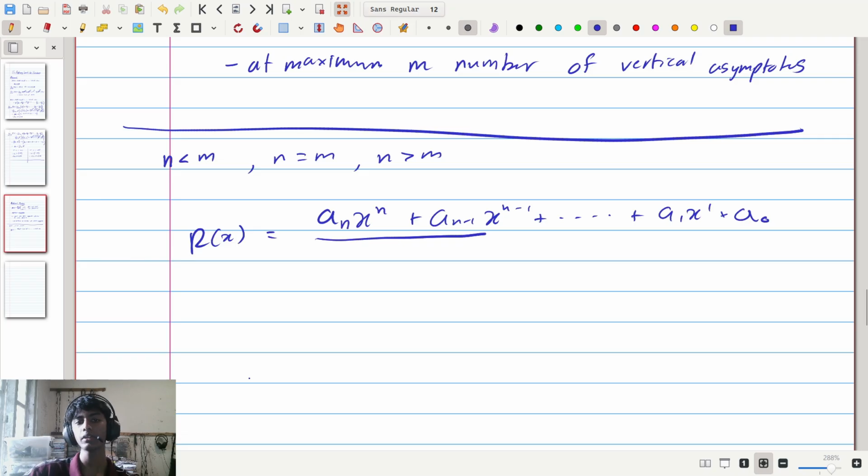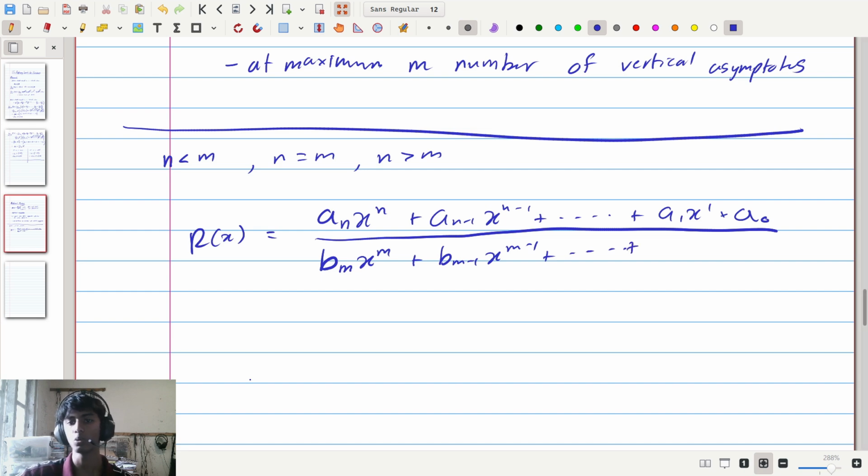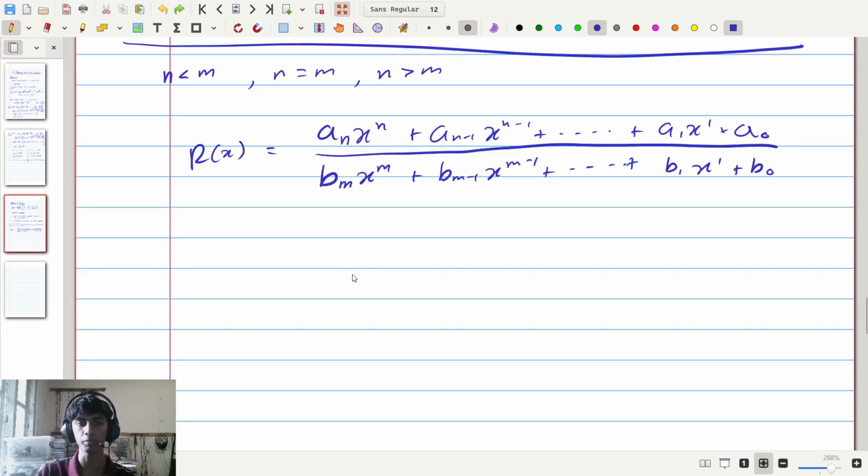And on the denominator, let's say we have the coefficients of the denominator represented by b. So this will be b_m x^m + b_(m-1) x^(m-1) + ... all the way down to b_1 x + b_0. So this is the general form of the rational function R(x) in terms of the numerator's polynomial and the denominator's polynomial.